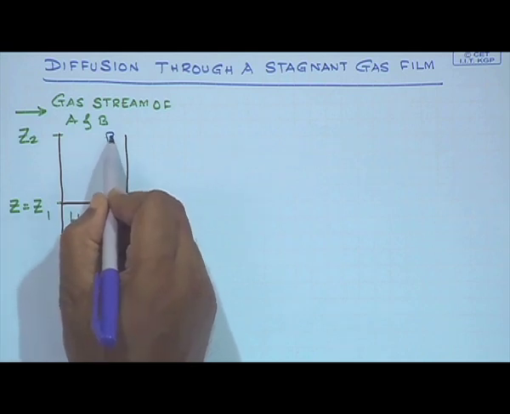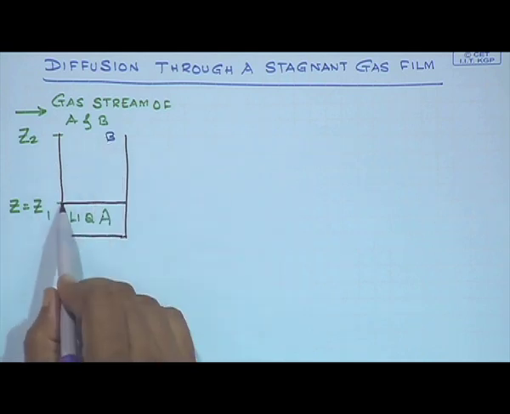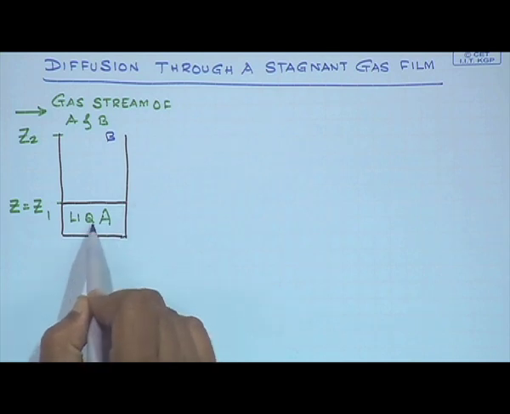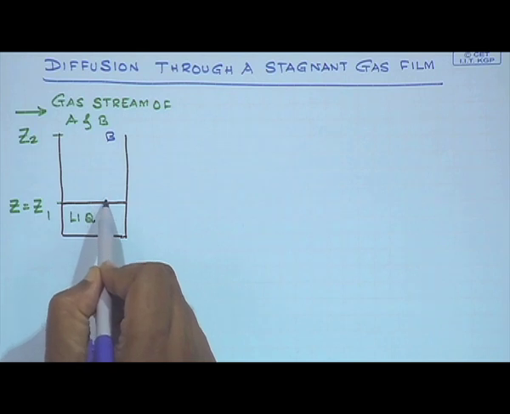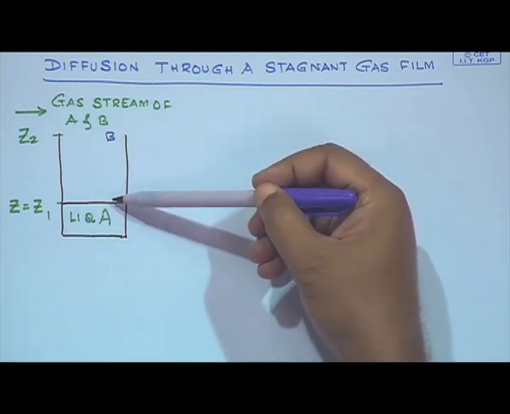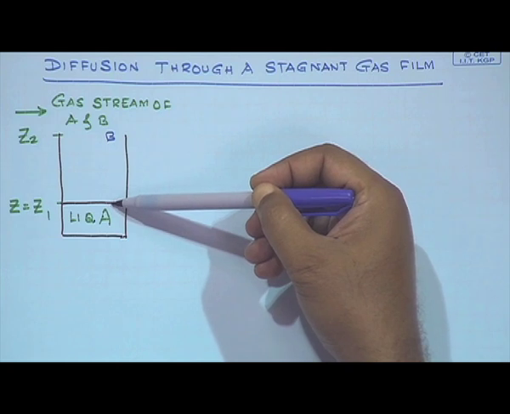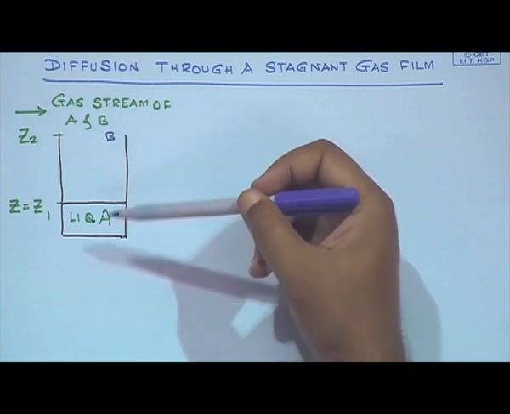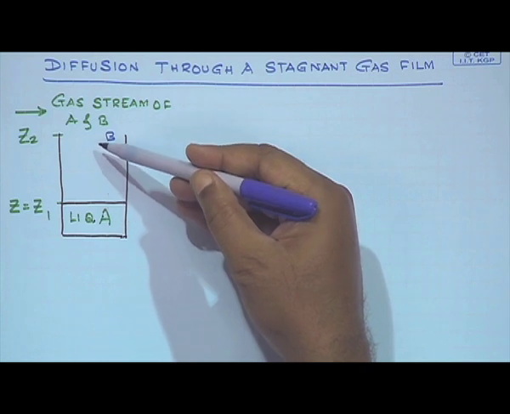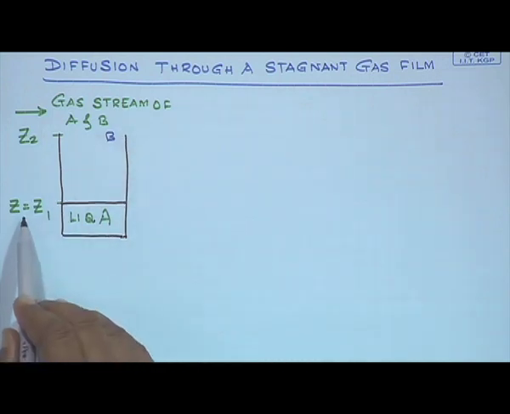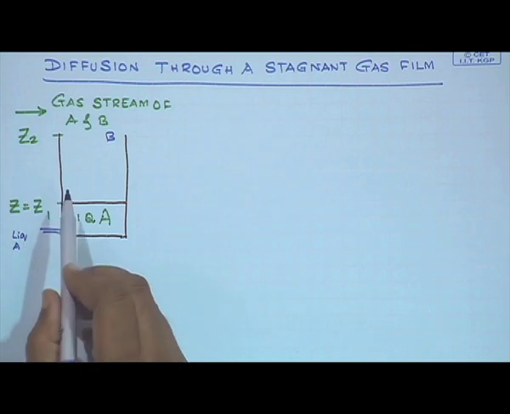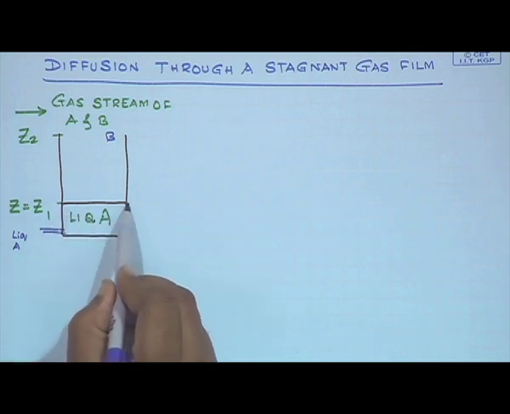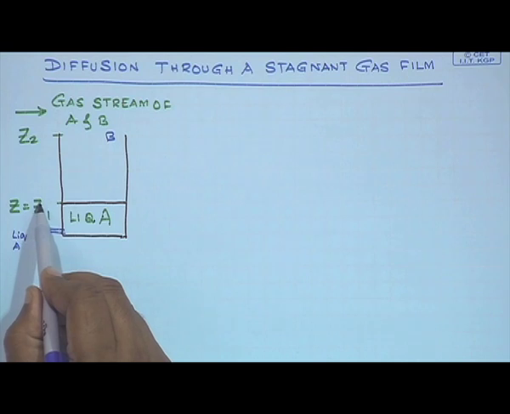Initially everything was filled with B, and the moment you remove the cover, the volatile liquid A molecules will start evaporating, and the A molecules, because of a concentration gradient between the surface of the liquid and the mouth of the tube, would start moving in the plus z direction, and we will say that by means of supplying liquid A by an external agency, the level of liquid A is always kept at Z1.